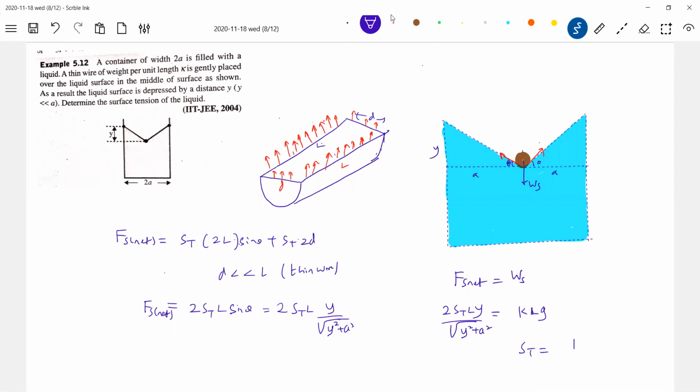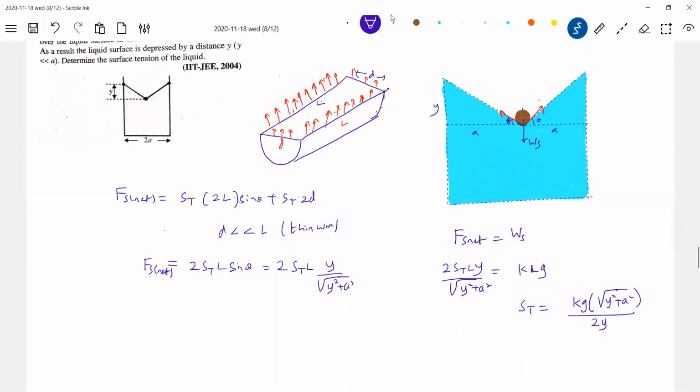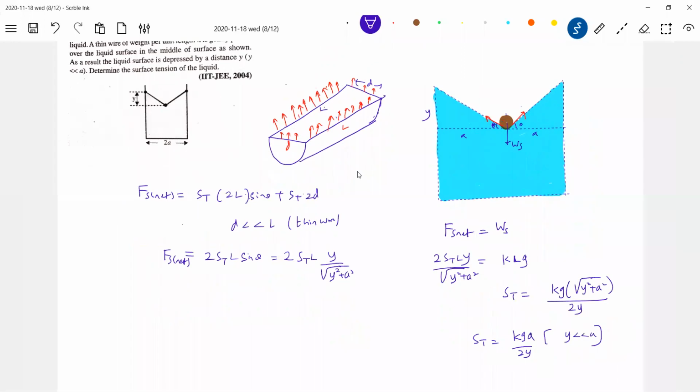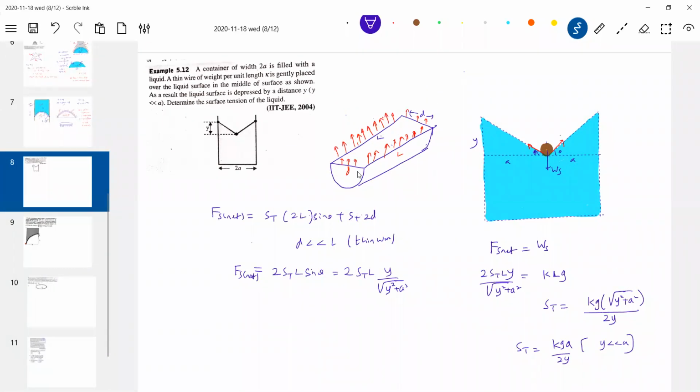That will be Kg. Further, y is very much less than a, so everything will become Kga by 2y. Fine.